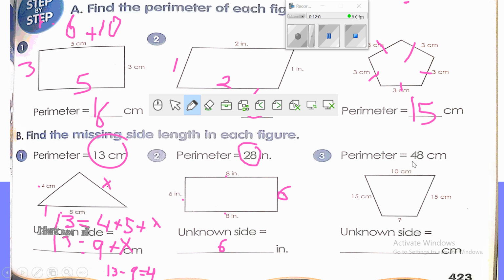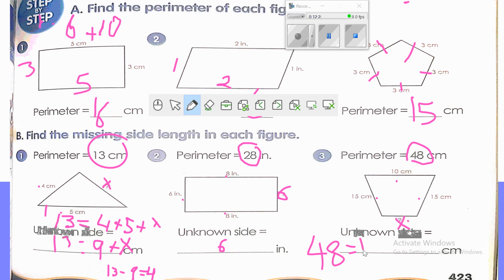The perimeter is 48. Here I have 15, 15, and 10. I said the perimeter is 48, equals all of these plus x.